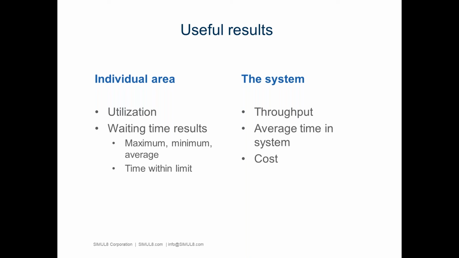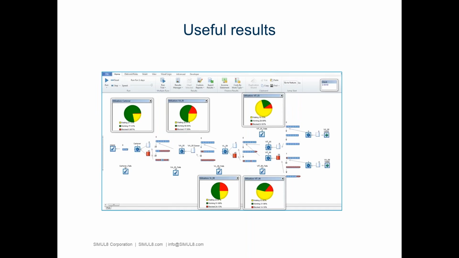In any of these laboratory simulations, there are a few results that I think are really useful all the time. If we're looking at improving one area, we want to look at the utilization of that area. Is it 100% utilized? Is it 50% utilized? What do we need it to be, and how does that change over time?